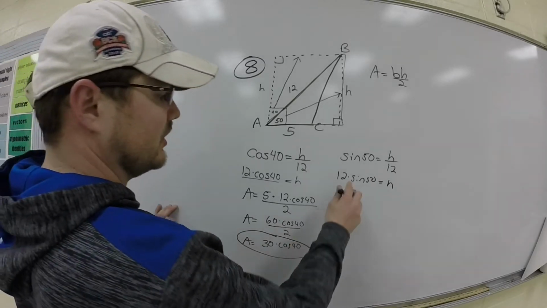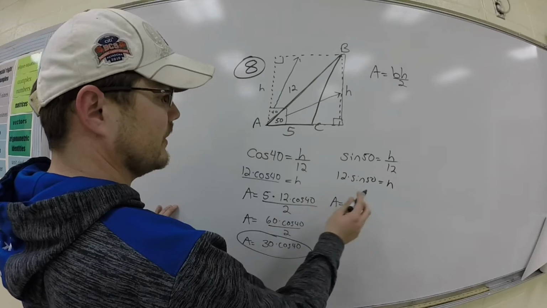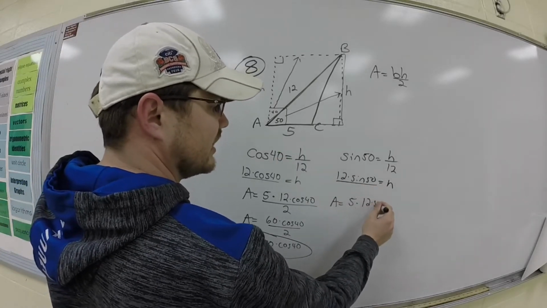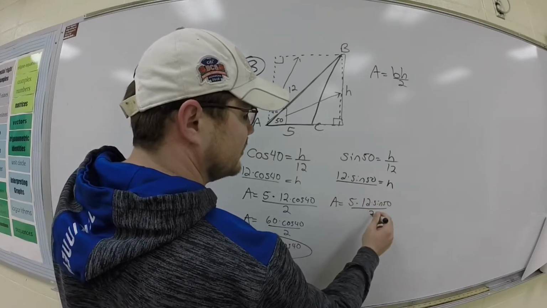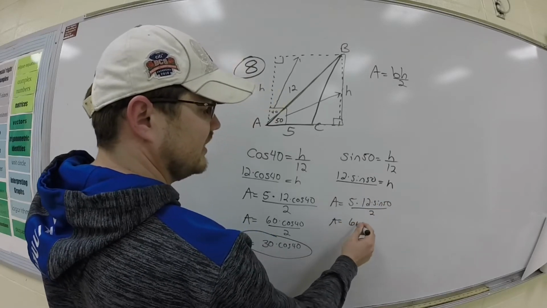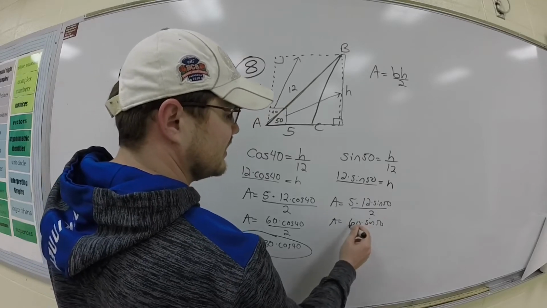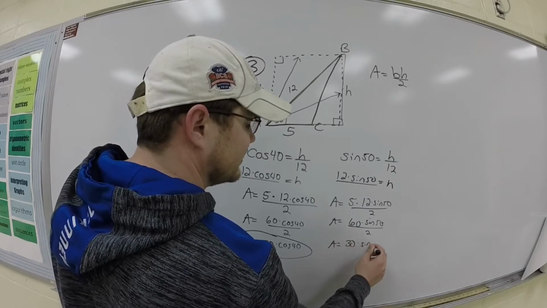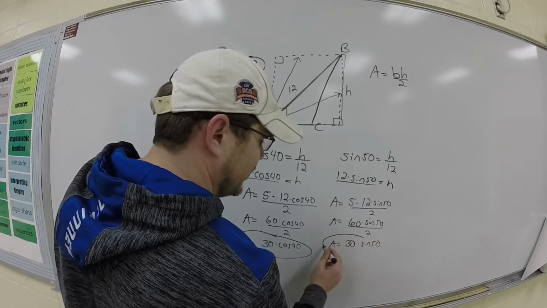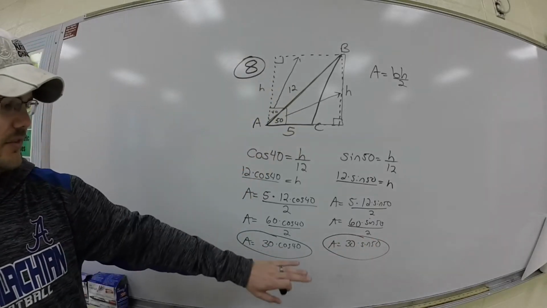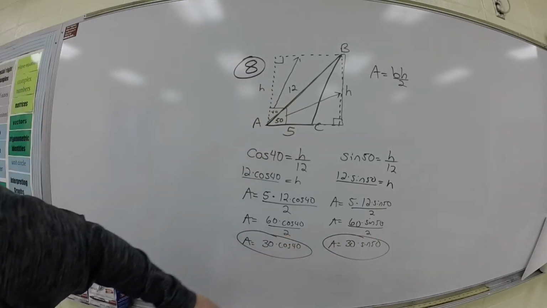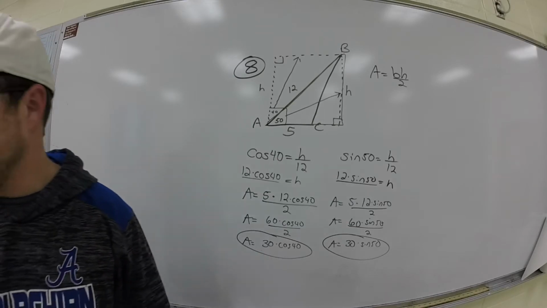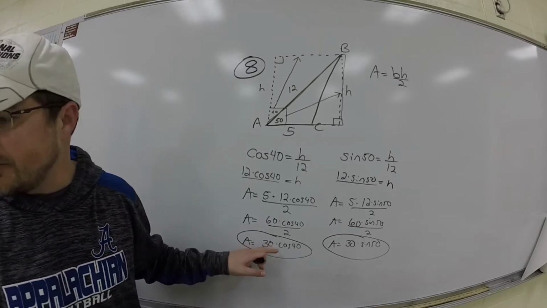And then if you plug this one in, area equals my base of 5 times my height of 12 times sine 50 divided by 2. That's going to give me 60 times sine 50 divided by 2. That's going to give me an area of 30 times sine 50. Okay, so both of these answers are right, but your answer choices only give you one of these, and I believe it's the 30 cosine 40 one.